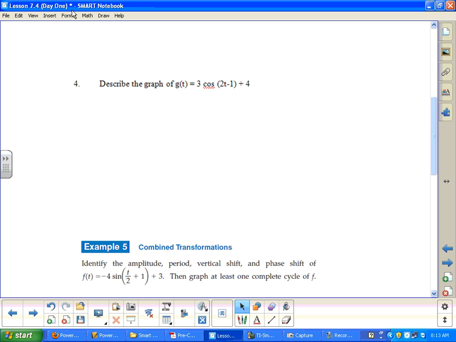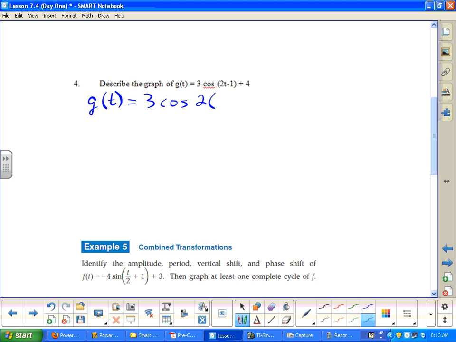So the first thing I need to do when I have a problem like this is rewrite it in that other form. So g of t equals 3 cosine of 2 times (t minus 1/2) plus 4.